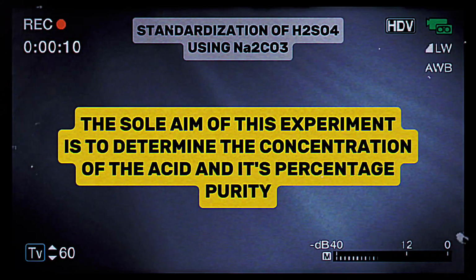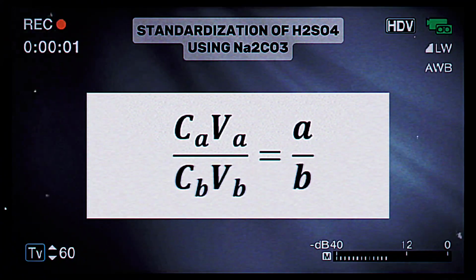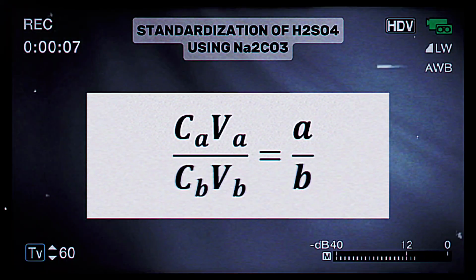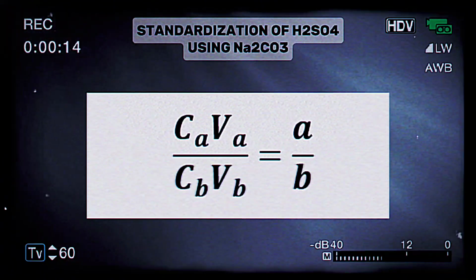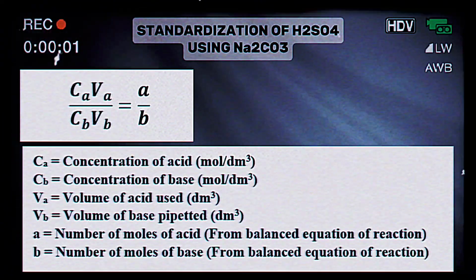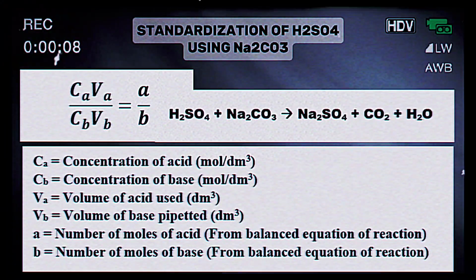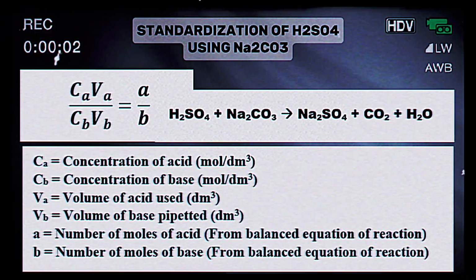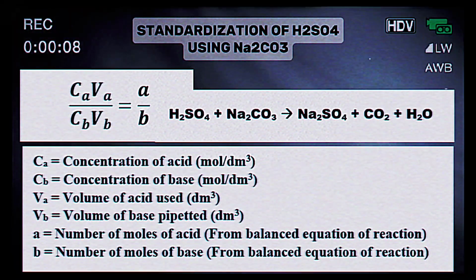Generally, we have a relationship used in acid-base titrations that will be employed to achieve this. You can see over here CAVA divided by CBVB equals A over B, where A is the number of moles of acid, B is the number of moles of base. And how do we get to know this? It's from the balanced equation. You have to write an equation of reaction between the acid and the base, and look at the acid to base number of moles once you've balanced it on the left hand side, that is the reactant side.